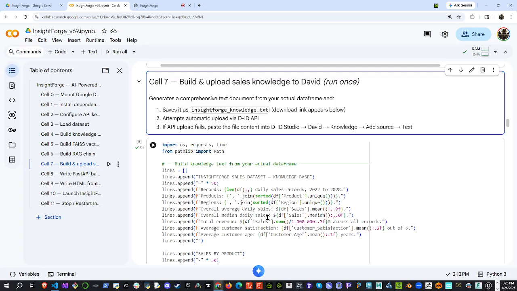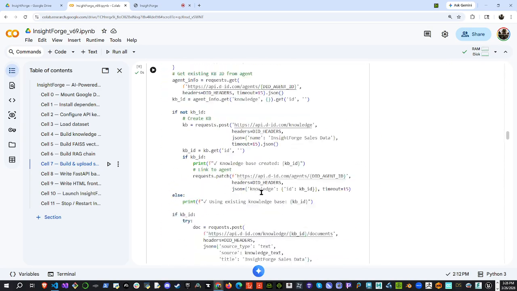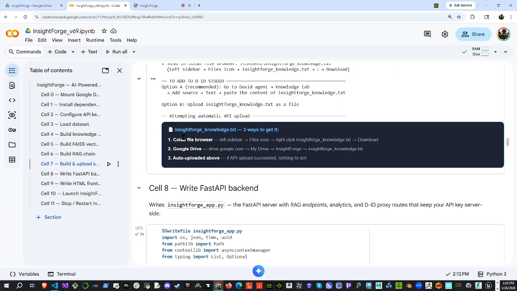The way I got that is I told it I need something that's 80,000 characters or less, and that uses that same data. I couldn't tie directly into it; it was a little too encumbersome. When I'm running this, I can run it when I need to. I don't have to run the cell every time, but it will download it for me, and I'll show you at the bottom of cell 7. It basically creates a text file, and I can just take that right off my Google Drive.